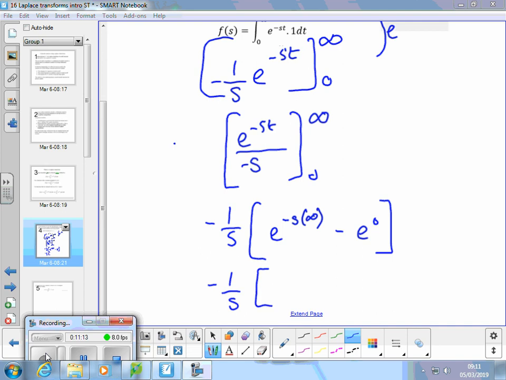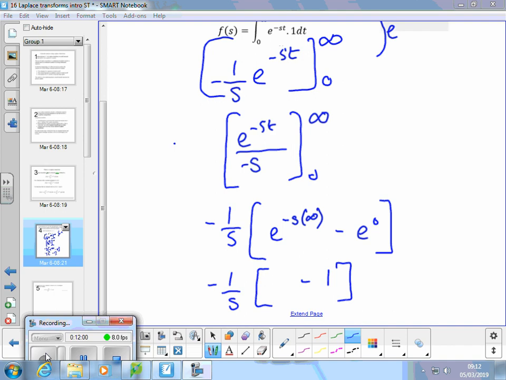times e to the minus s times infinity. The value of that is e to the 0 is equal to... how does the e to the minus graph go as you approach 0?